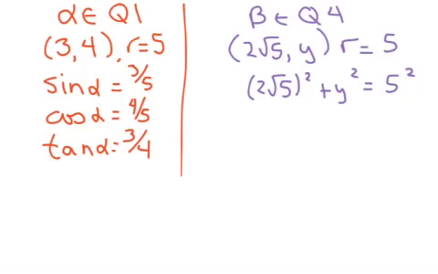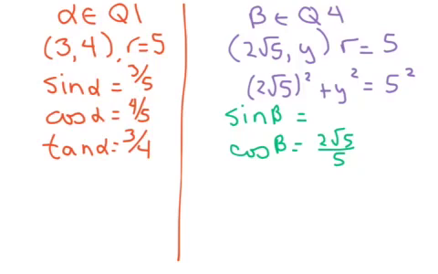So we have that information. The other information we need to get is all the betas. We have cosine of beta. Let me do this one in green. We have cosine of beta equals 2 root 5 over 5, but we don't have sine of beta.